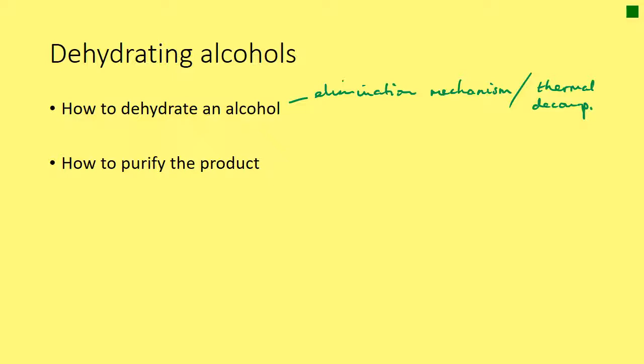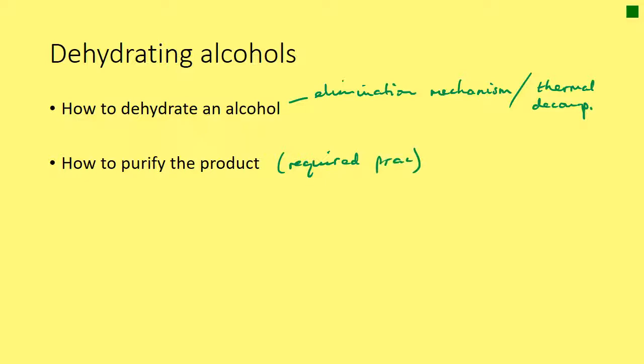Thermal decomposition is an alternative way of eliminating a water molecule from an alcohol. Then we'll have a look at how to purify the product, which is distillation, and then separation, which is a required practical. So we'll be doing that in more detail in class.